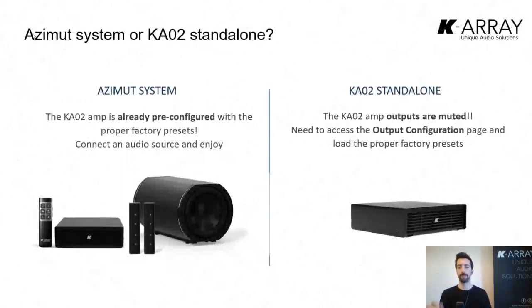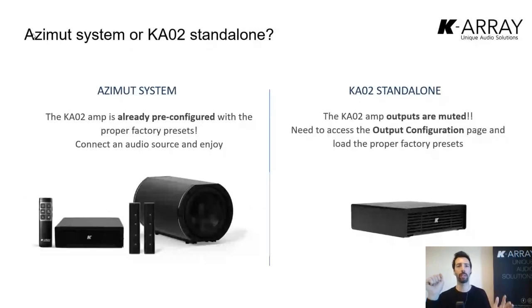First of all, the KA02 amplifier, as you all know, is the brain, the main component of all our Azimuth systems. Azimuth systems are kind of packages, right, that you can buy, including speakers, subwoofers, and the amp.